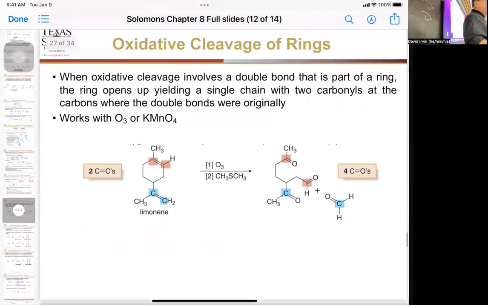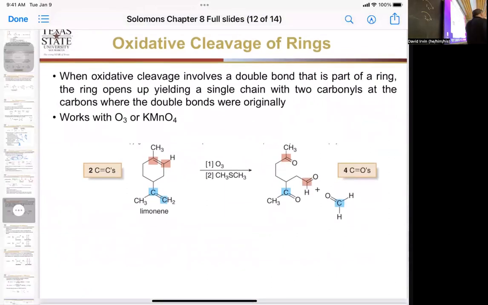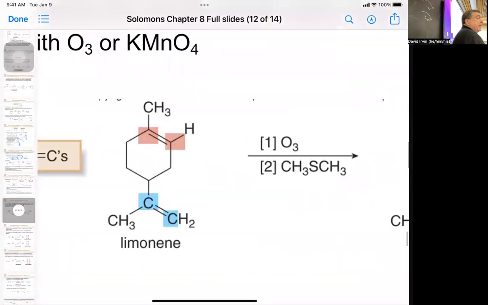Okay, so let's talk about the rings. Depending on how you work up your reaction, you can end up with carboxylic acids, ketones, or ketones and aldehydes, right? So let's assume we're going to do our ozonolysis on this compound here. This is limonene. It actually smells like lemons and limes.